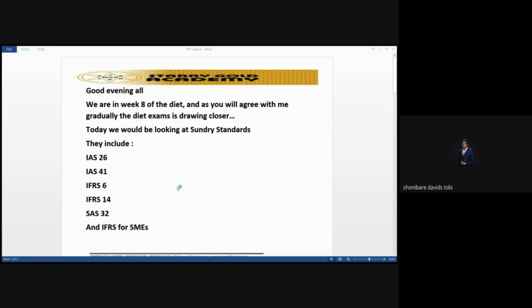First, let's define what we mean by exploration and evaluation expenditures. When you have incurred a cost in respect of evaluation or exploration, it involves costs incurred in the exploration and evaluation phase, and it can be capitalized or expensed, right? Whether you want to capitalize it or expense it is left to the entity's accounting policy.